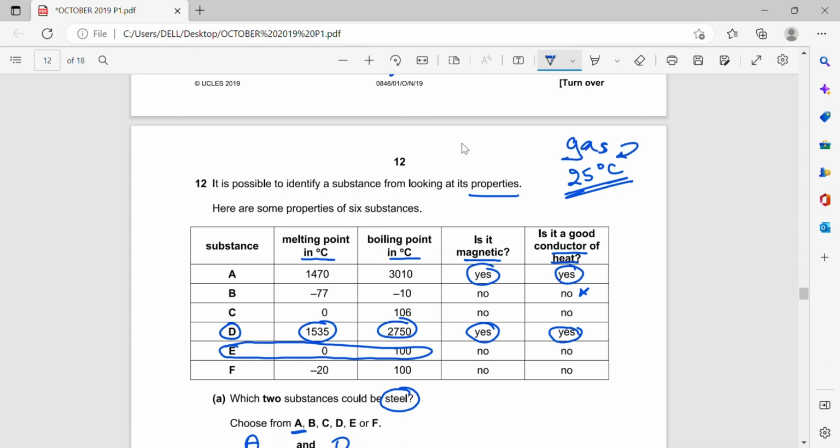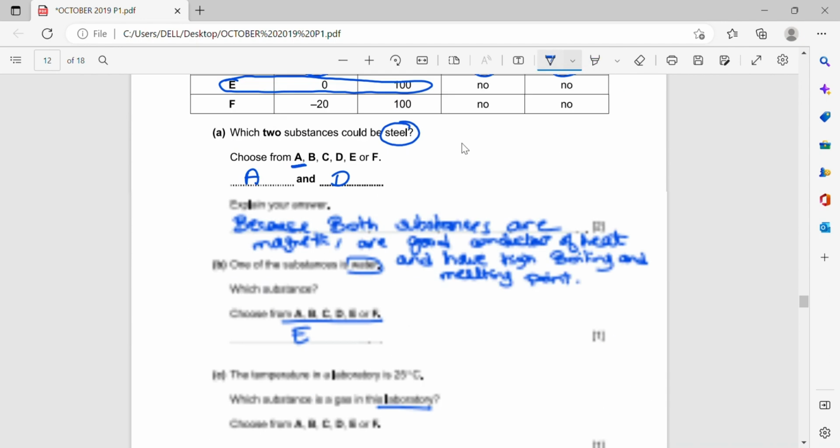In other words, a substance with a very, very low boiling point. That is substance B. So at 25, substance B changes to gas. The lowest boiling point here is substance B.